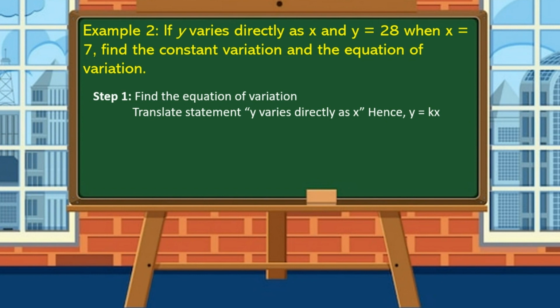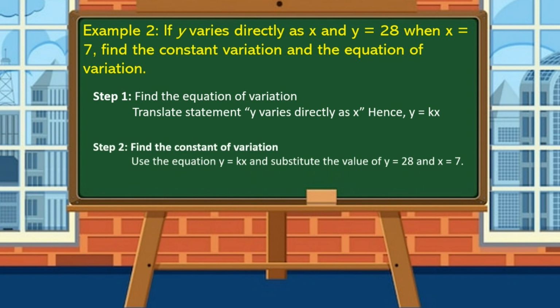Y varies directly as x. Hence, y is equal to kx. Step number 2. Find the constant of variation. Use the equation y is equal to kx and substitute the value of y is equal to 28 and x is equal to 7.